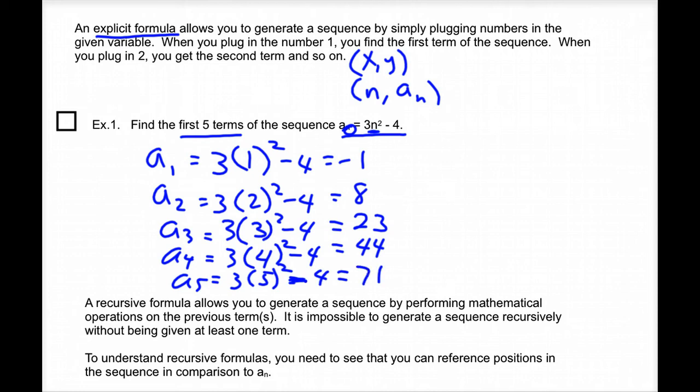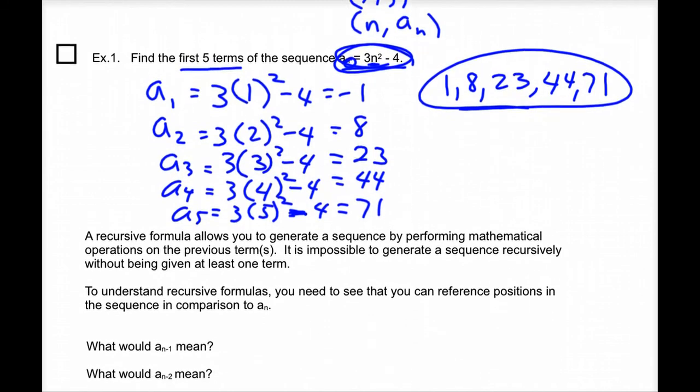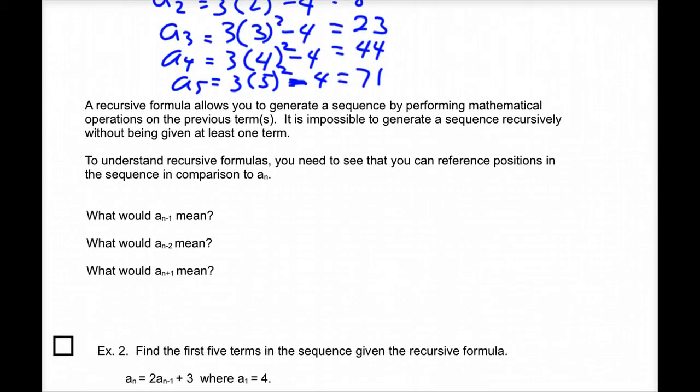Minus 4 is 71. So what I've done is I've found 5 terms in a pattern. And that pattern would be represented by this formula that I started with. And that's an explicit formula because you plug in for an n and you get a result, and it tells you the number that's in that position.